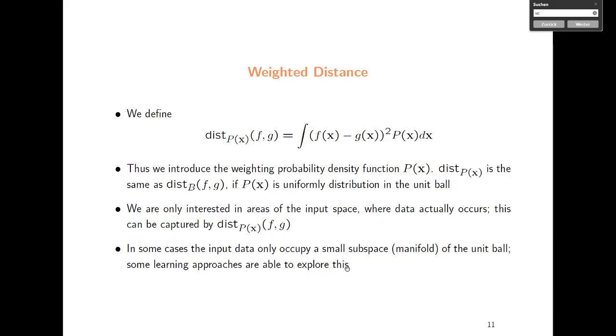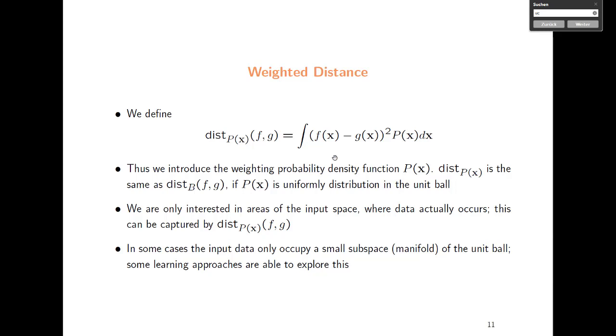Another definition is to introduce a probability distribution, P of x. You can think of this maybe as a Gaussian centered at 0. And so we don't just integrate over the ball, we multiply it by the probability that this x occurs. If you have a uniform distribution on the unit ball, then the two definitions are identical.